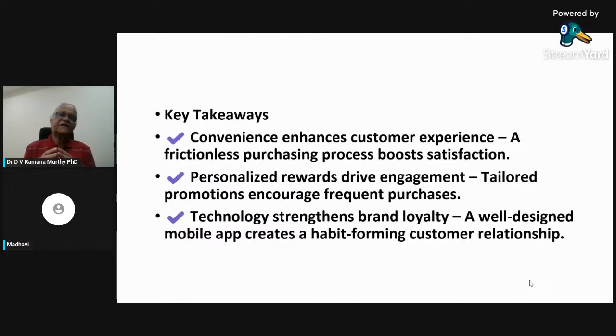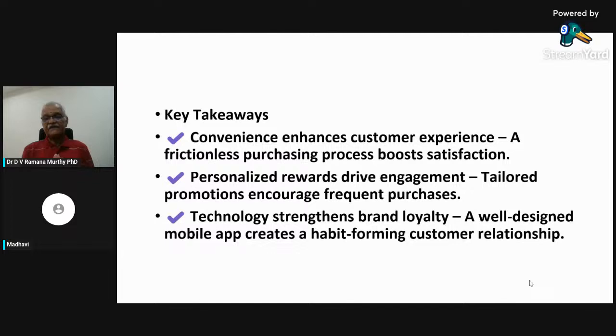The key learning here is, again, convenience enhances customer experience. That means a frictionless purchasing process boosts satisfaction, because today there is a little inconvenience in going to the retail outlet, choosing and buying. But with mobile app based and social media involved marketing, convenience enhances customer experience.